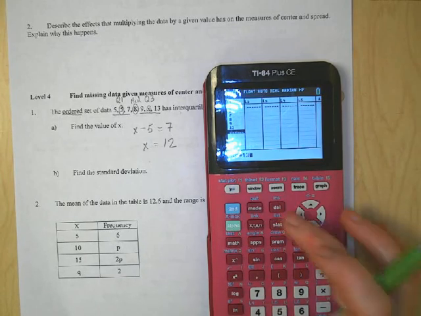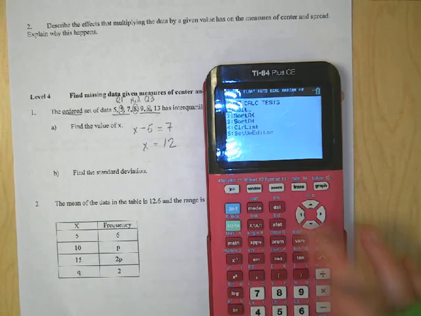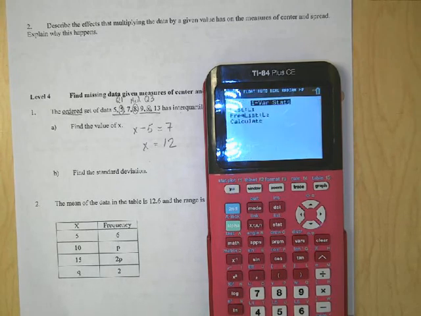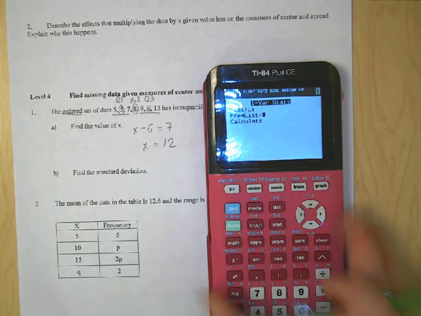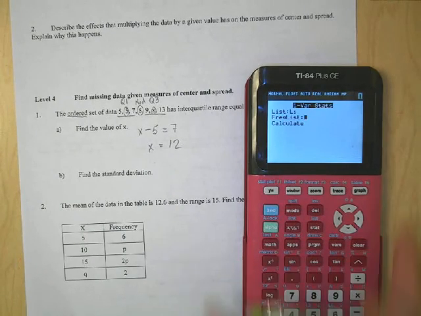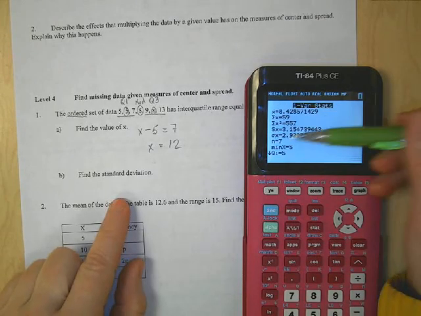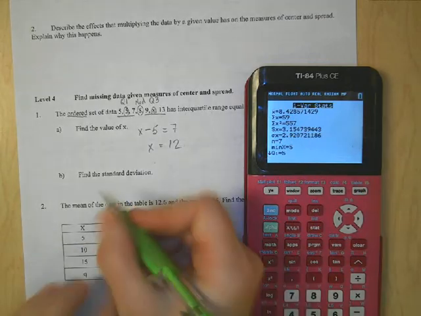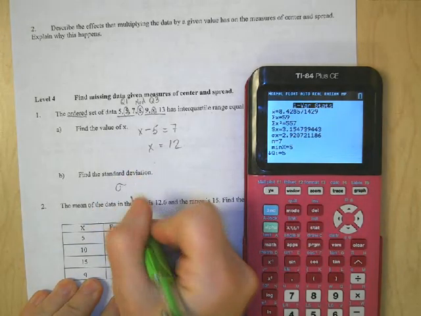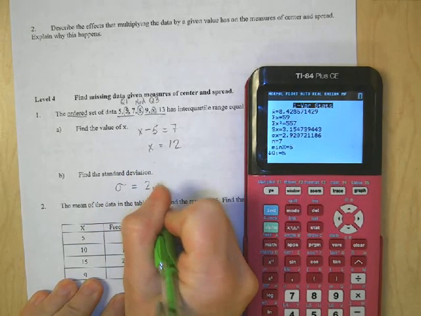And now I'm going to calculate. I want to take out that frequency list, okay? I do not have a frequency list. Oops, can you see that okay? So only list 1. I don't have anything in list 2. And my standard deviation would be 2.92. So here's the symbol for standard deviation, 2.92.